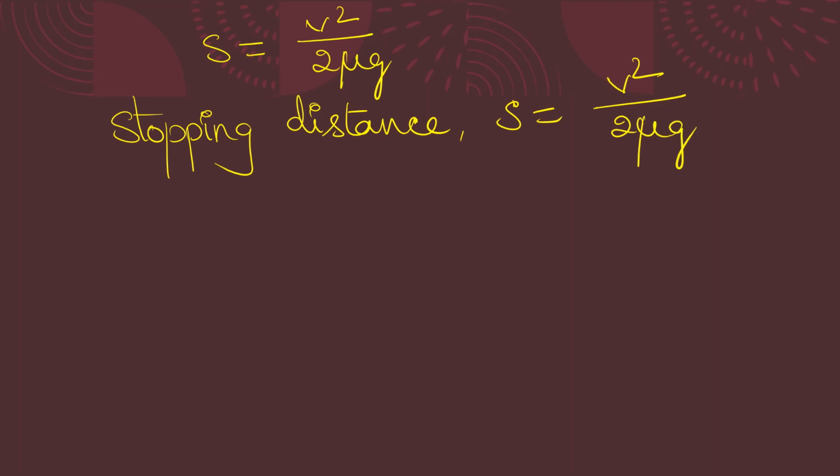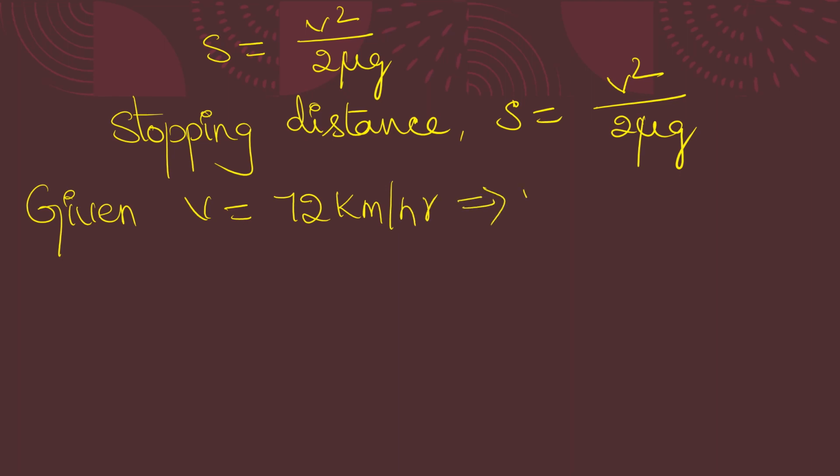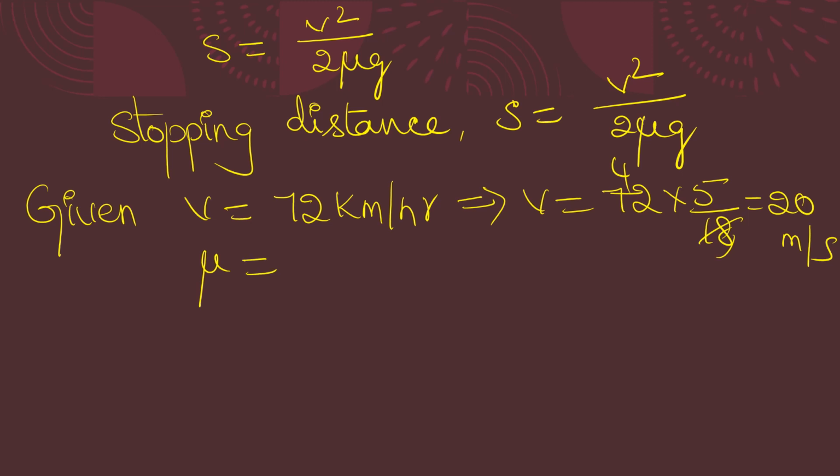So given v is equal to 72 kilometer per hour, converting into meters per second we should multiply by 5 by 18. 18 ones are 18, 18 fours, 5 fours, 20 meters per second. Now they have given us coefficient of friction 0.5 and g is equal to 10 meters per second square.